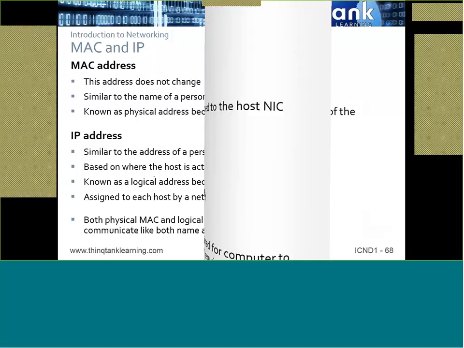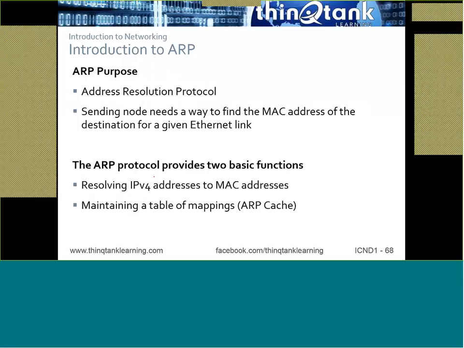Let me talk about that for a second, because we're going to talk about another concept which is extremely important when it comes to layer 2 communications and layer 3 communications in an IPv4 network. It's called the Address Resolution Protocol, or ARP. What is it for? Okay?